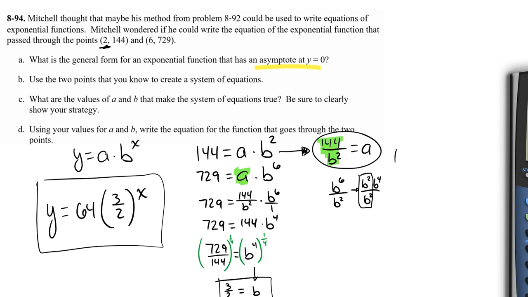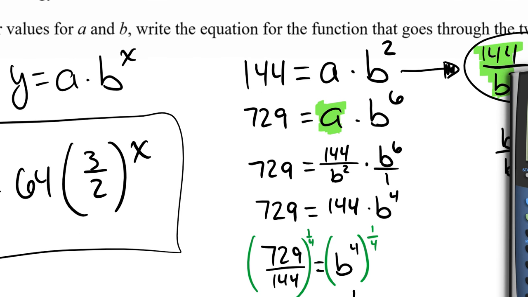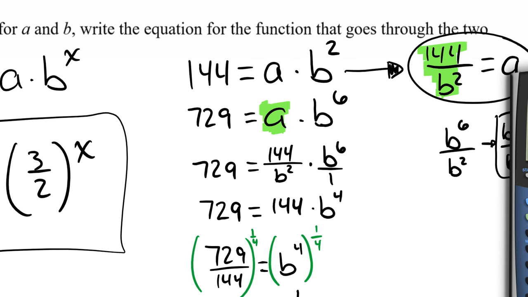One of the things that came up in class was someone said, well, why can't I just use the elimination method? And I really encourage you to think about this deeply and maybe look at some numerical examples to answer that question. But this is multiplication, right? It's not mx plus b like it was for the linear case. This is a times b squared.